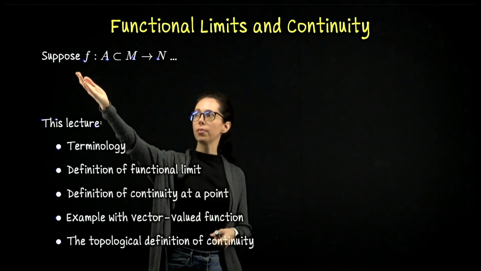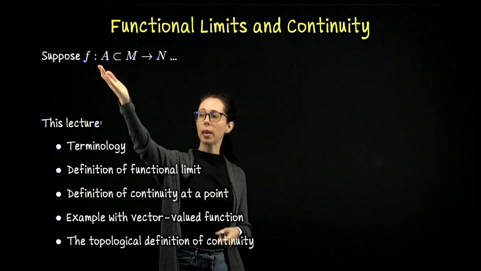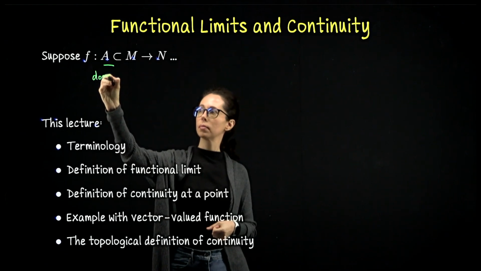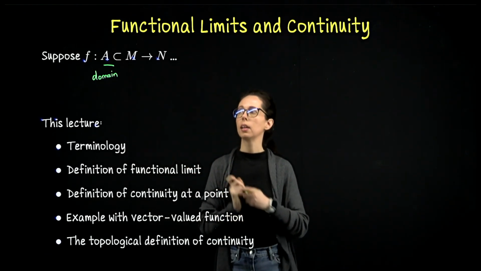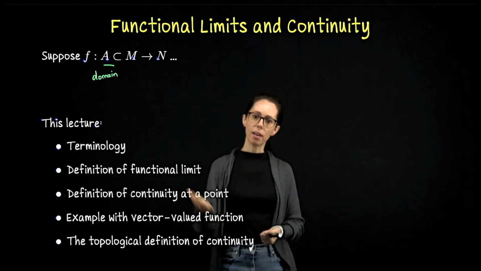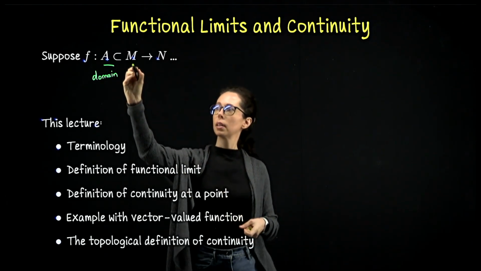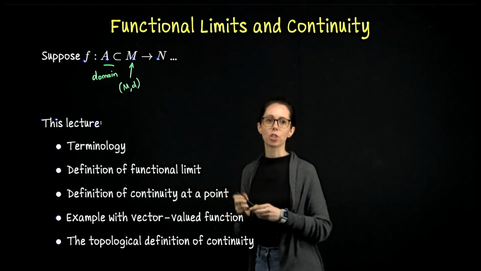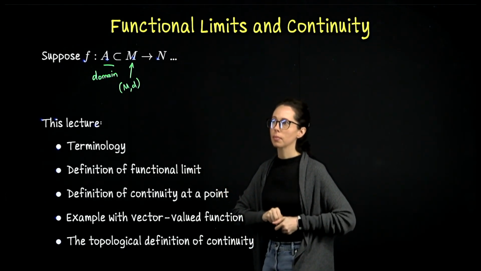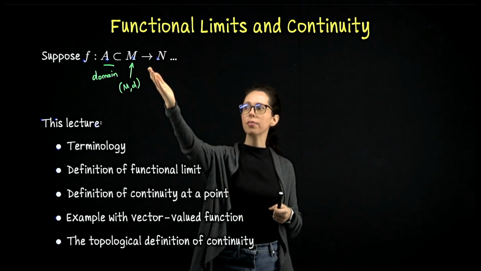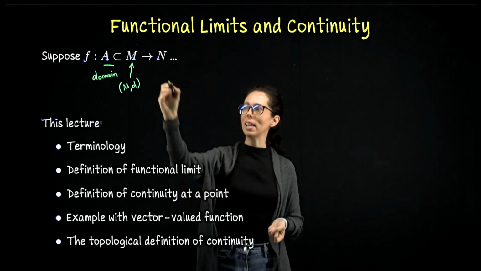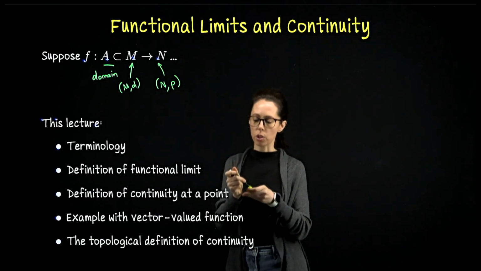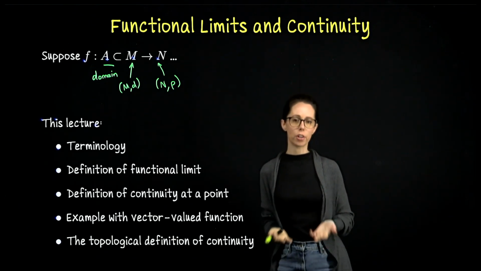So here, f is a map from some domain called A, which is a subset of a metric space M. To this metric space, I may associate in a traditional way some metric d, to a potentially different metric space, which I'll typically denote N. And to this metric space, we may associate the metric rho, to speak in generality.